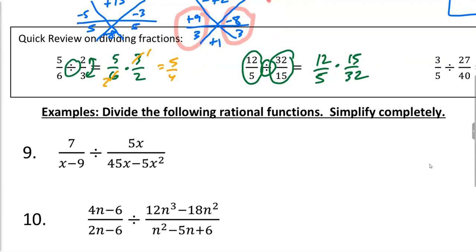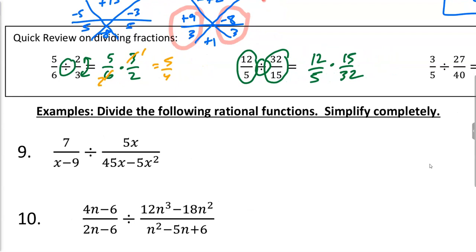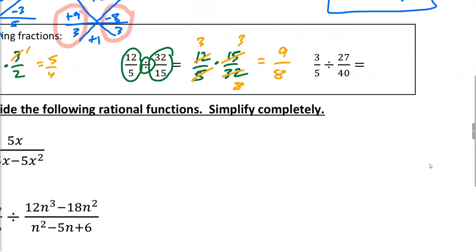Yeah. So like this one, keep, change, flip. I can go 5 and 15, that's 1 and 3. 12 and 32, 4 goes into that, right? 3 and 8. So I get 9 over 8. Right?